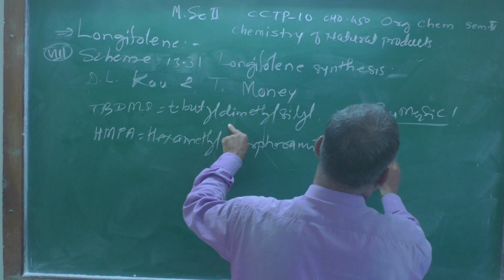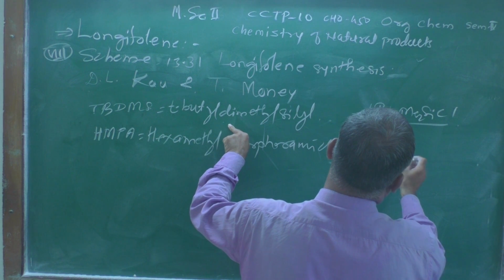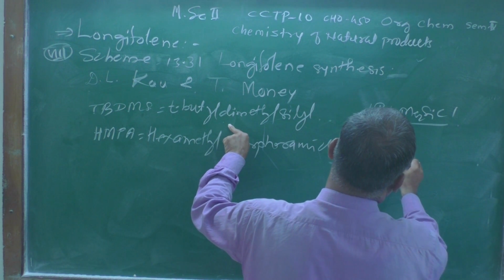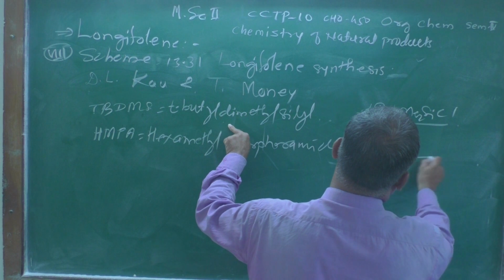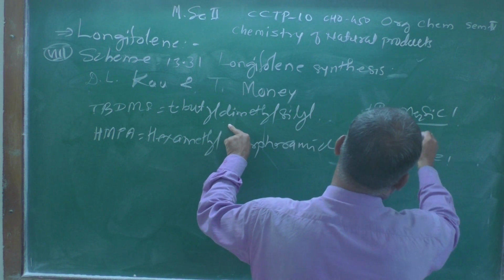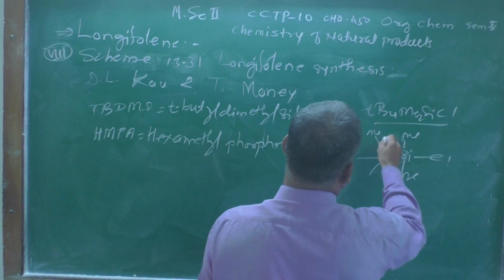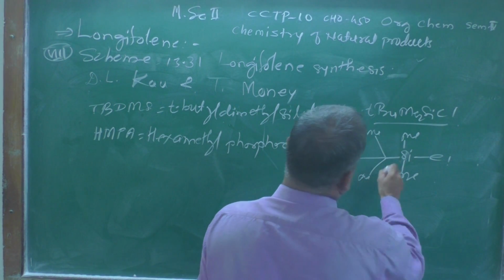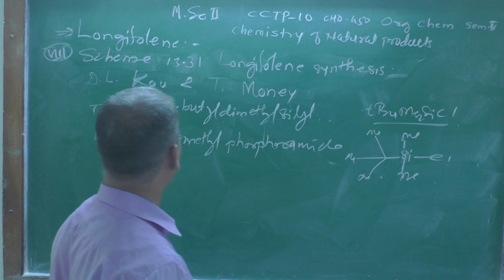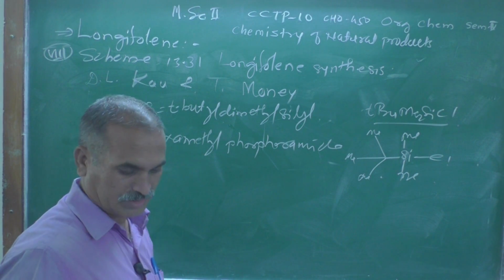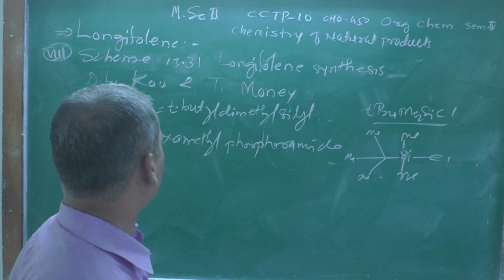We can draw the structure here: Si, Cl, Me and Me. This is the structure of tertiary butyl dimethyl silyl chloride, like this.